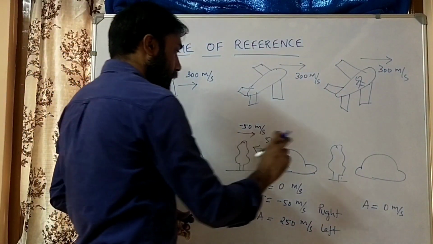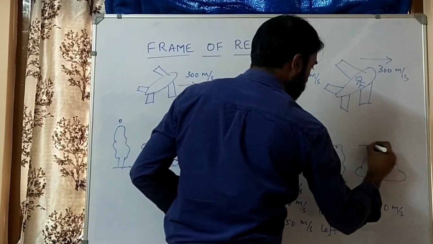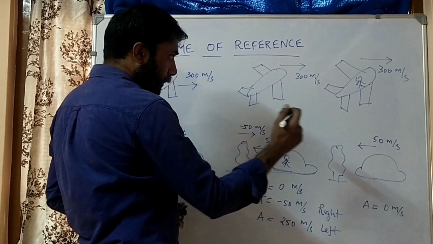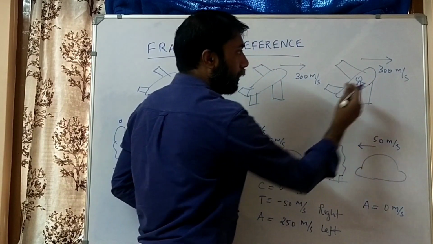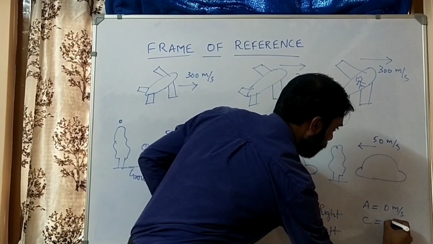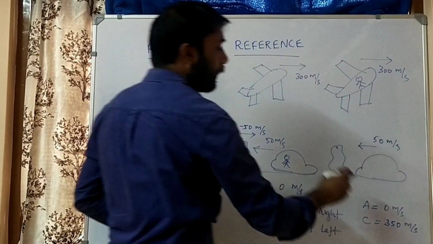It has no speed. Okay, if you observe from there, this car which is moving 50 meter per second towards your left will be moving like here. This is 50 already, and this is moving 350. The car speed now will look like this. It seems to be 350 meter per second.